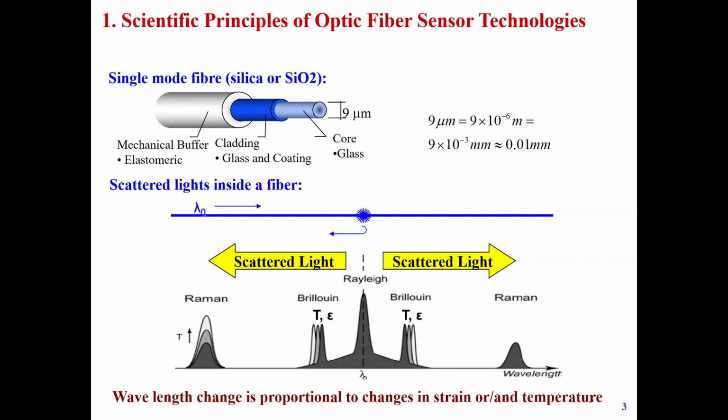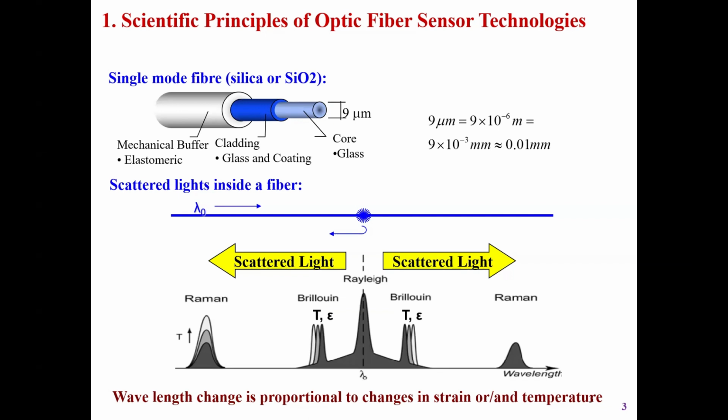These are the names of the scientists who first discovered these kinds of scattering light: Raman, Brillouin, Rayleigh, because they first discussed different types of scattering light. People do spectral analysis of the wavelengths and the peak. With the shift of the peak under tension, compression, cool, or heat, the wavelength will shift.